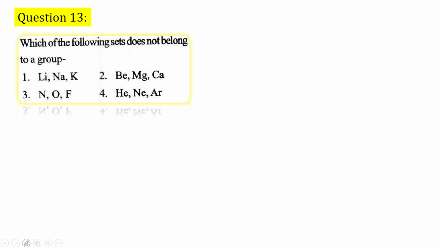Question number 13. Which of the following sets doesn't belong to a group? So we know lithium, sodium, potassium exist in the periodic table in group 1. We call that alkali metals. Same way, beryllium, magnesium, calcium, strontium, barium, all these are alkaline earth metals. I'll represent it as AEM.